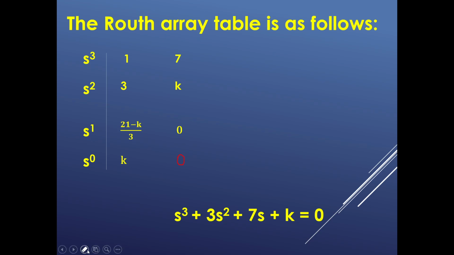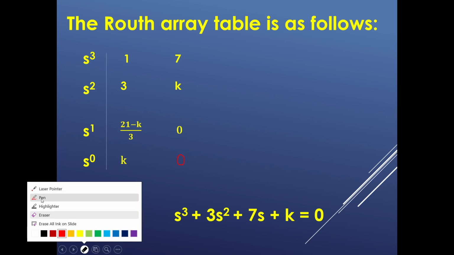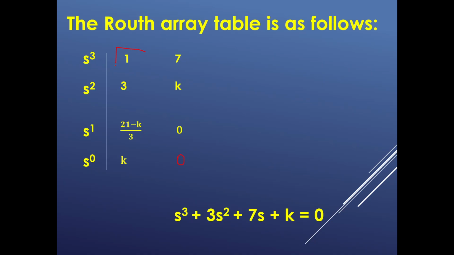Now you just check the first column of the Routh array. You just check whether all the terms are positive or not. They should be positive, then only the system will be stable. So 1 is positive. 3 is also positive.